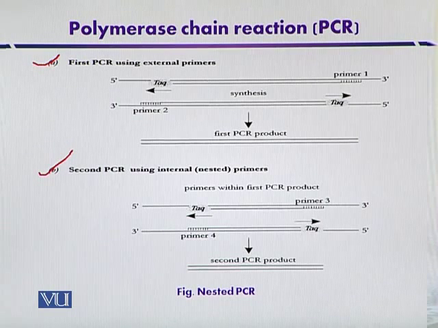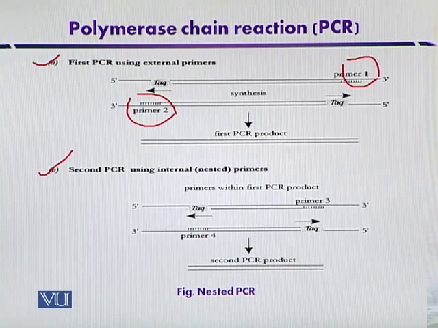That is, primer 1 and primer 2 are binding here. So we can start the amplification, and normally Taq DNA polymerase is used in this process, and it will lead to the synthesis of the first PCR product here. So the first PCR product is synthesized by using the first set of primers.